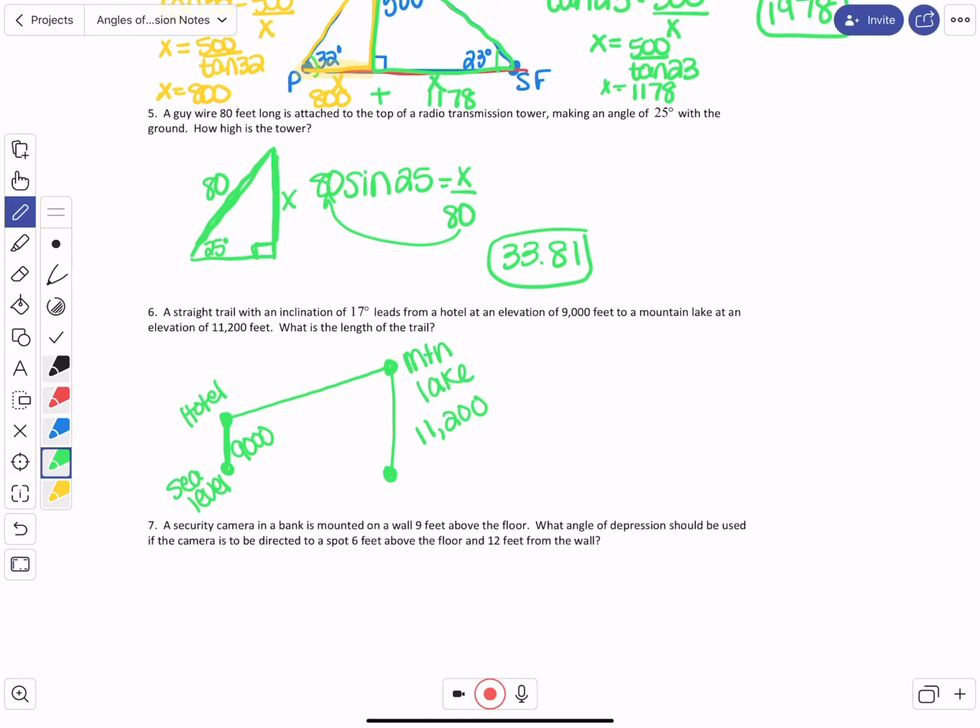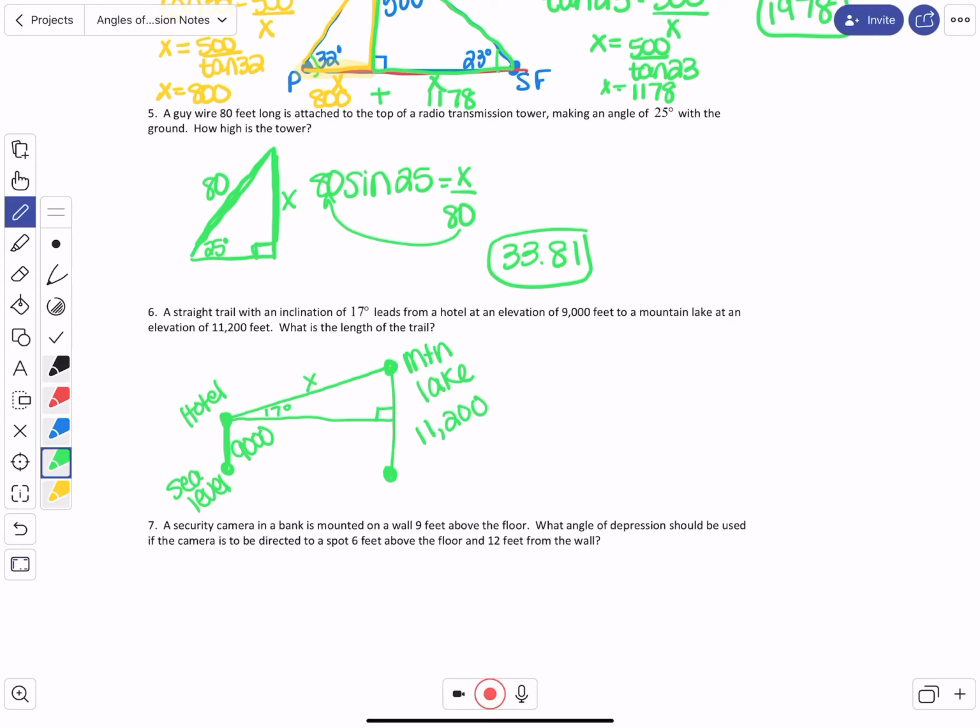So what we have to do is form a triangle out of this. If we go straight across, there's our triangle. The inclination is 17 degrees, and we want to know the length of the trail.